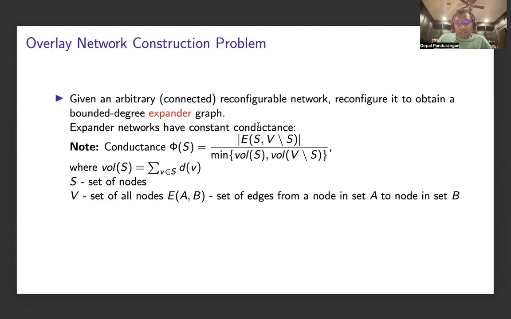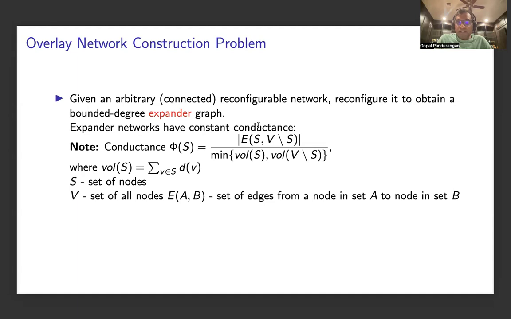So this work is focused on the so-called overlay network construction problem, which has been very well studied, especially in the context of peer-to-peer and overlay networks. In this problem, we are given an arbitrary reconfigurable network, and the goal is to reconfigure it, that means change the topology, so that it becomes a bounded degree, rather a constant degree, expander graph.